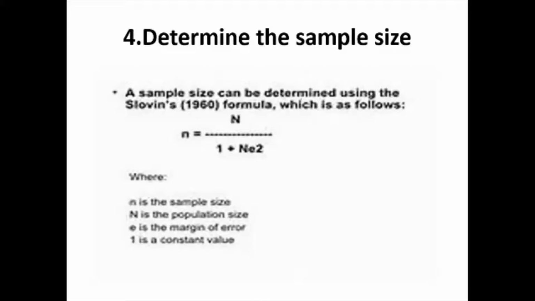For example, the population size is 1 lakh and I keep the error at 0.05 or 5%.